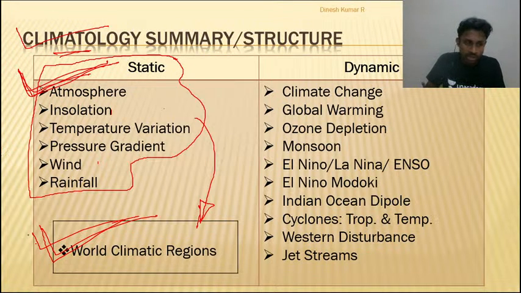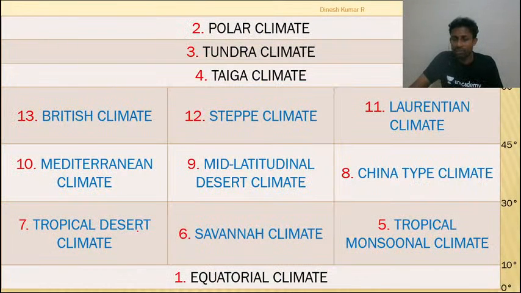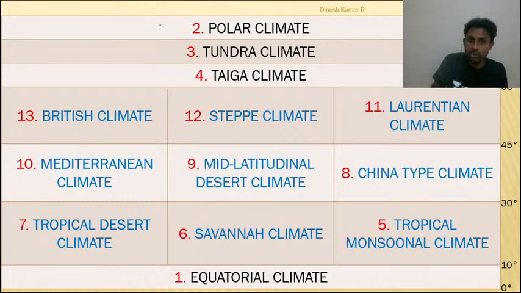So yes, we are starting with the course that is World Climatic Regions. I hope you remember, we already discussed in the last class that I can roughly classify world climatic regions into 13 major types. There was a caution on the first day itself: when you go through some of the standard books like G.C. Leong and some of the other books, you will see that they have given only around 11 climatic regions.